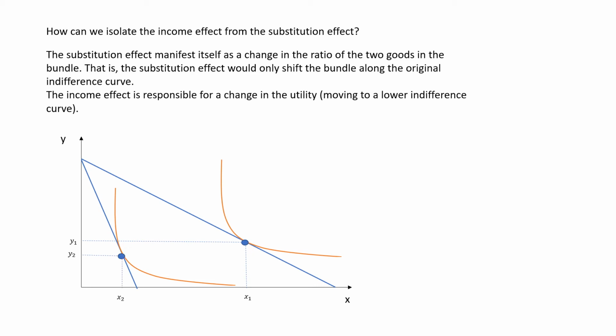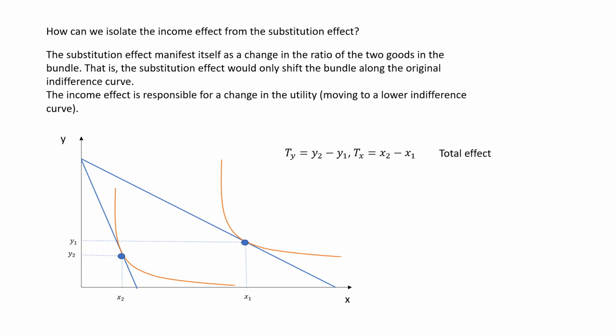So the consumer will adjust the bundle so that it has x2 amount of x and y2 amount of y. The difference between y2 and y1, and x2 and x1, is called the total effect. In this case, you can see that the total effect is positive for both goods.